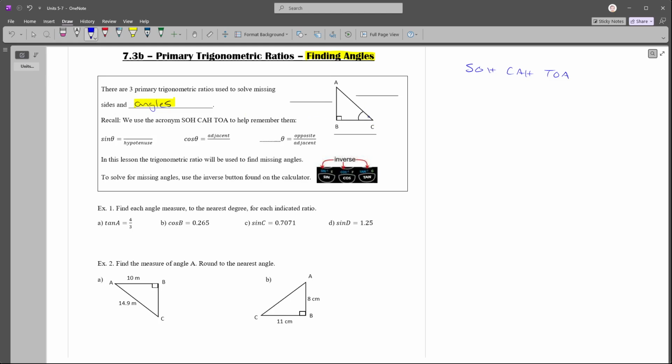Imagine C is our reference angle. That means that the side opposite of C is going to be our opposite side. The side that is touching or directly next to C, this is going to be our adjacent. So we'll put A right there.